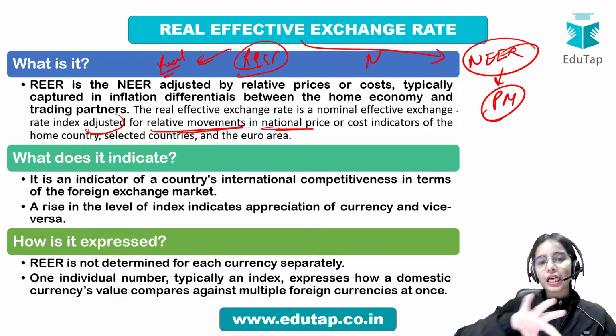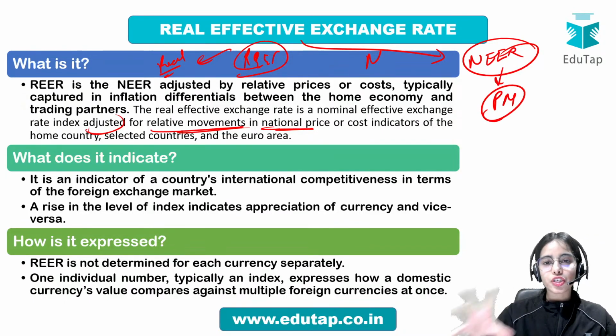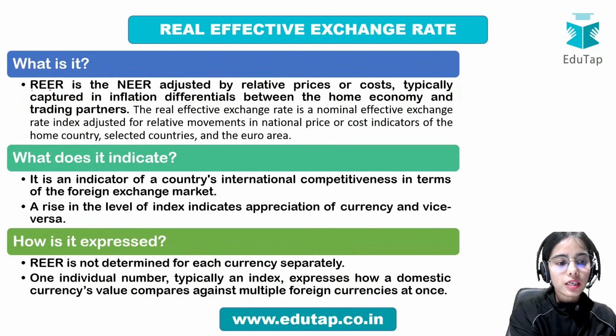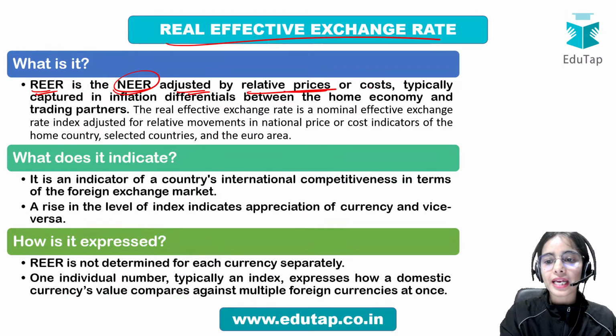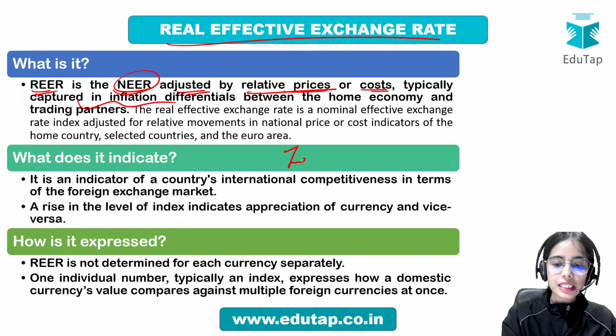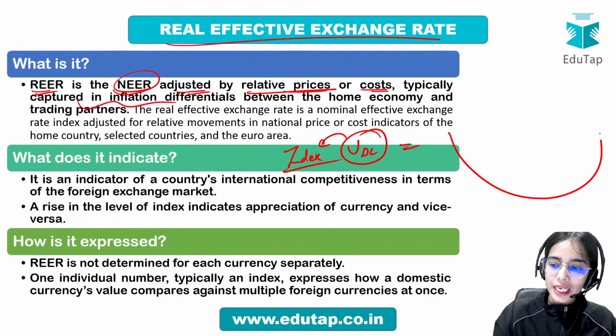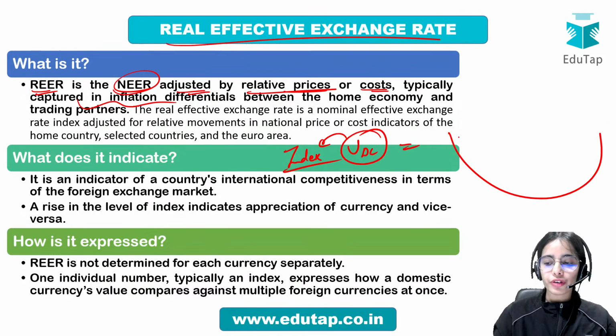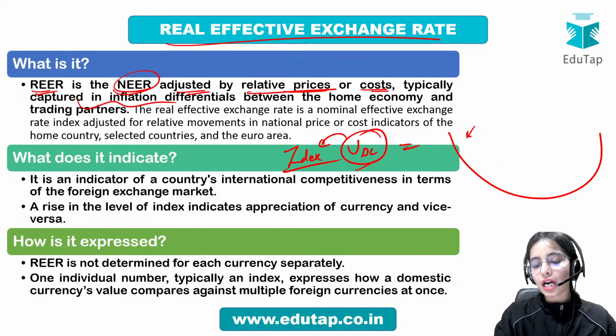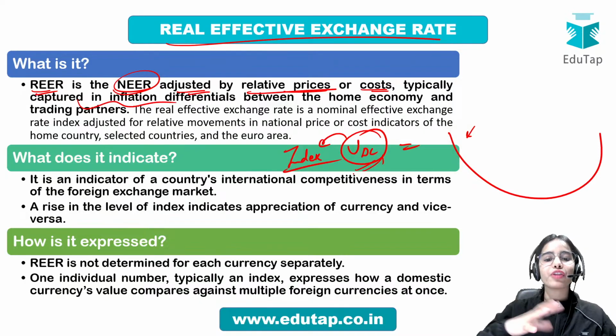The real effective exchange rate is the NEER adjusted by relative prices or costs, typically captured in the inflation differential, so that we can see the actual value of the domestic currency against the weighted basket of different currencies, with the inflation differential taken into account.